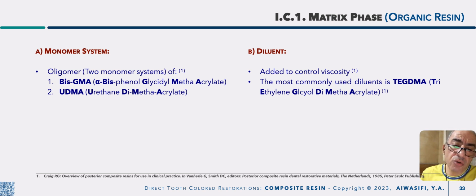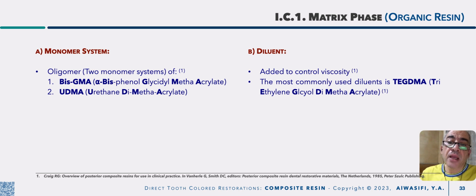We also add a diluent to control viscosity. Why? Because when you add a filler to your monomer system, the viscosity increases and the material becomes low in wetting. It becomes a very tough dough with limited wetting that will affect your adaptation to cavity walls and margins.